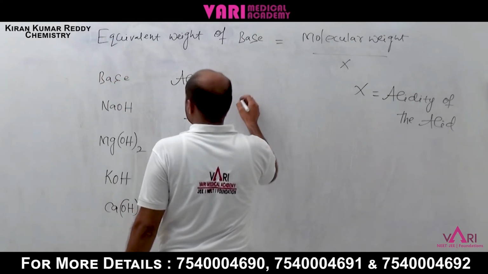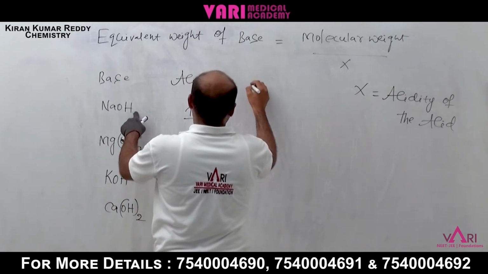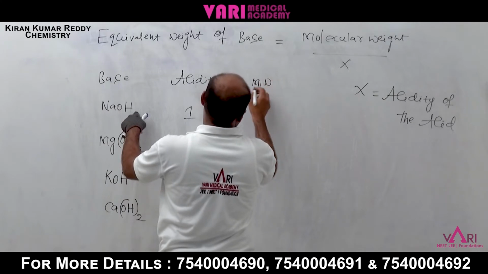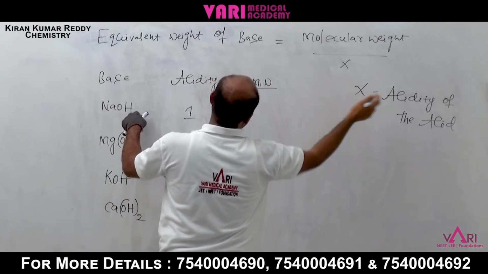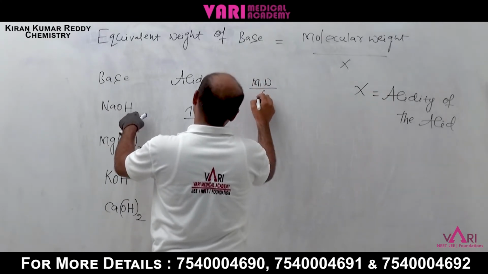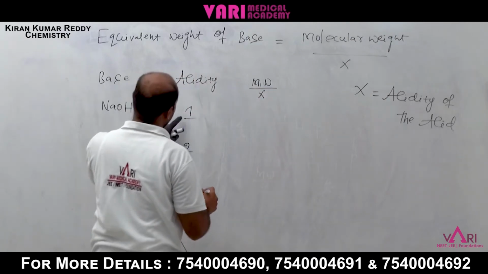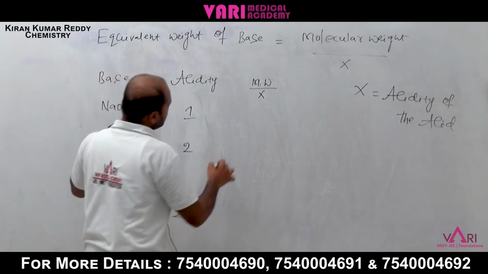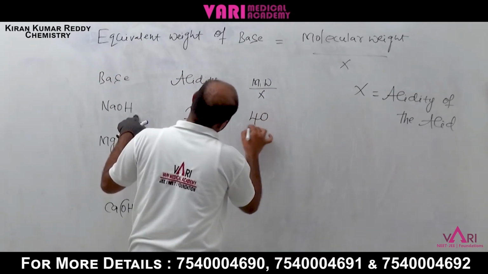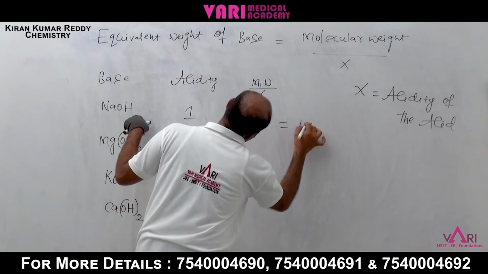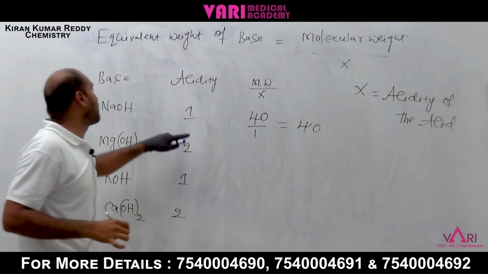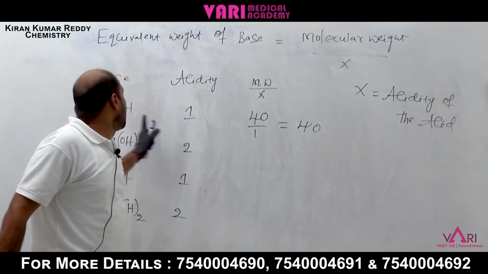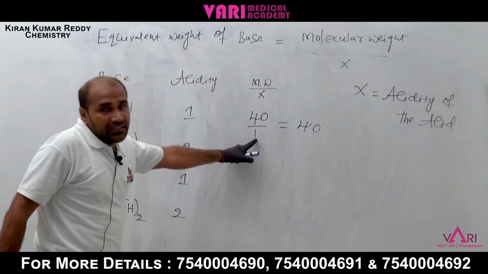Equivalent weight of base is equal to molecular weight by the acidity. Here is NaOH: sodium is 23, oxygen is 16, hydrogen 1, that is equal to 40, the molecular weight is 40. What is the gram equivalent weight of sodium hydroxide? 40, because acidity is 1.